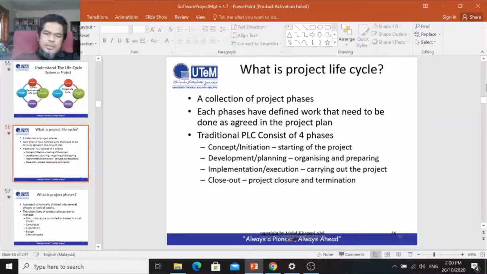So you need to update the artifacts that changed along the project process. So this is the common project life cycle, class. You need to understand and remember initiation, planning, execution, and close out. Okay.